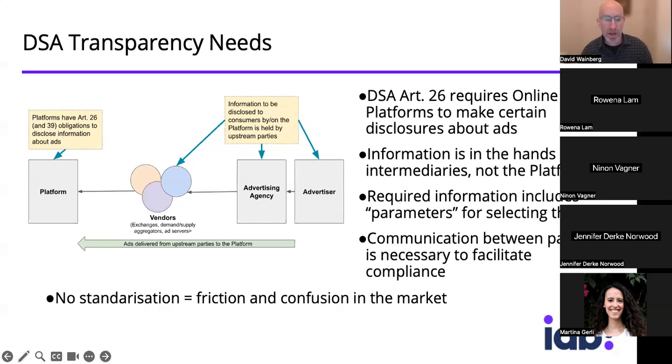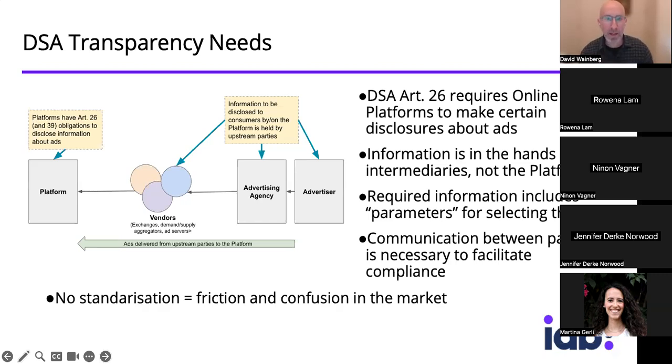And so our work was to set out to come up with some kind of specification that would facilitate compliance in the market. So it would facilitate the gathering and communication of this information in the ad supply chain so that platforms could comply with their disclosure obligations that are imposed under Article 26.